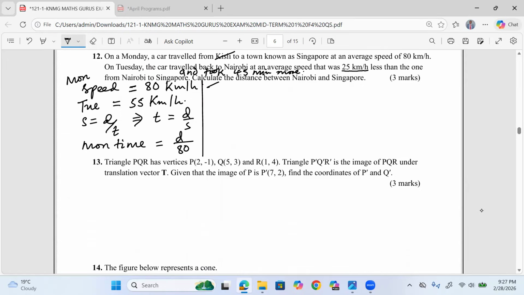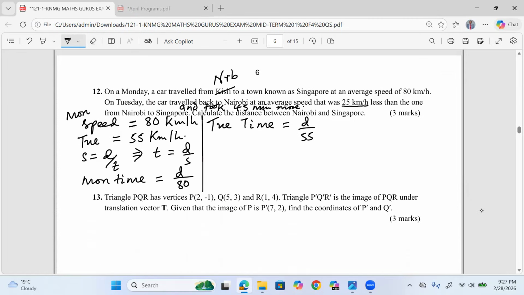The Tuesday time shall be the same distance, but now out of a speed of 55. What we are being told is that the time taken on Tuesday is more than the time taken on Monday by 45 minutes, because when the speed was less, more time is taken. So when we subtract D out of 80 from D out of 55, we should get 45 minutes. 45 minutes is 3/4 of an hour.